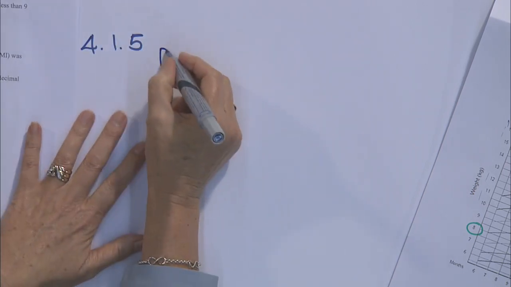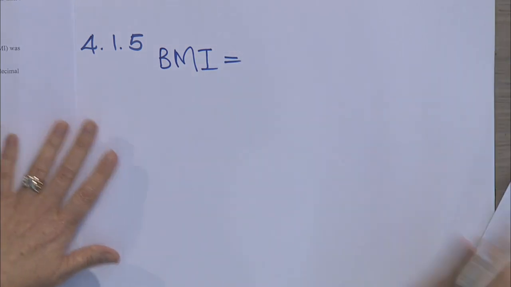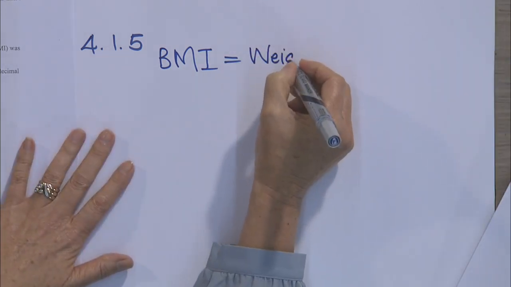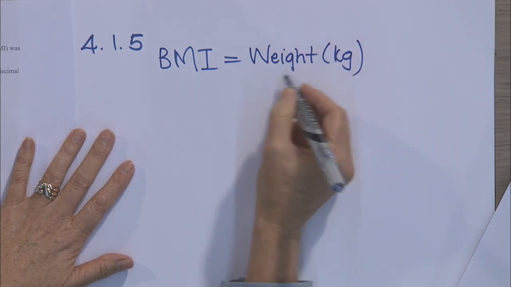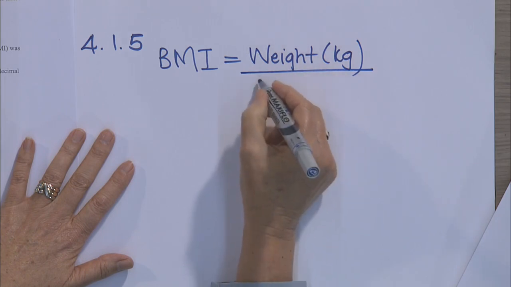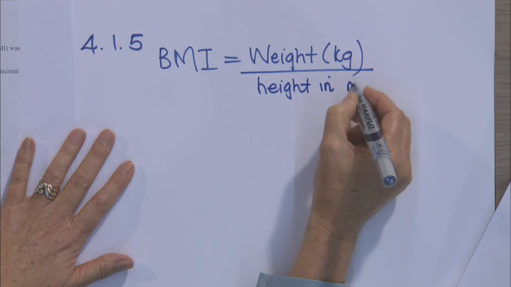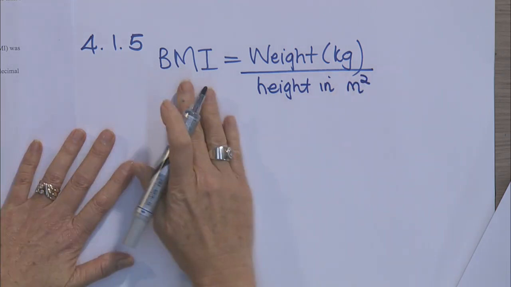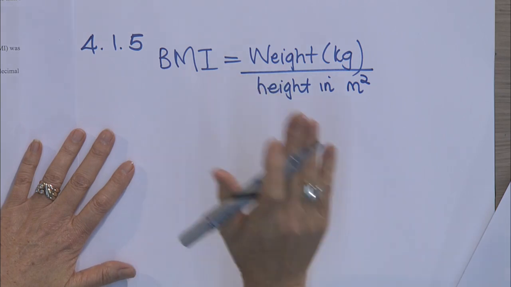So I'm going to rewrite body mass index, and I'm going to write weight, and it is in kilograms divided by the height of the person in meters squared. This is the formula for body mass index.